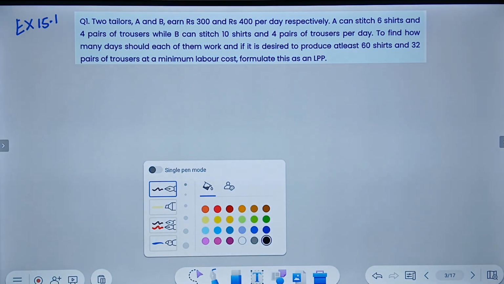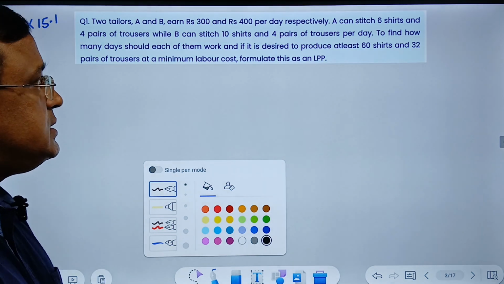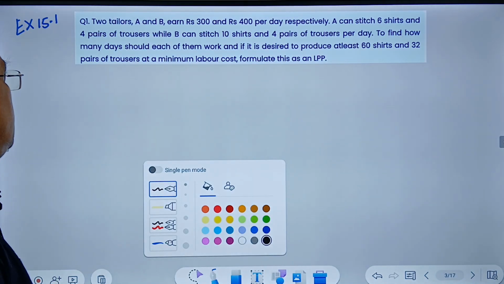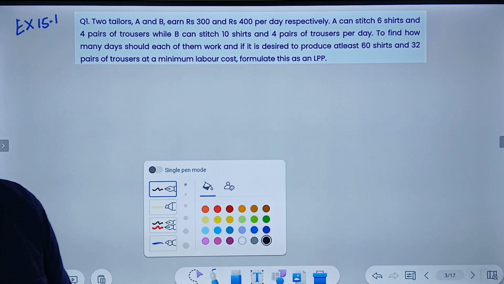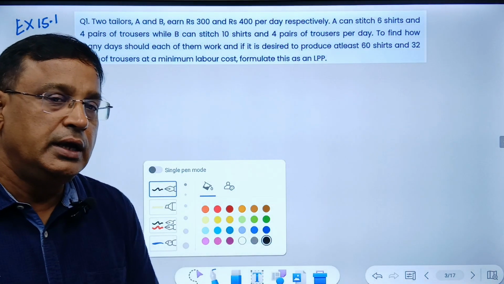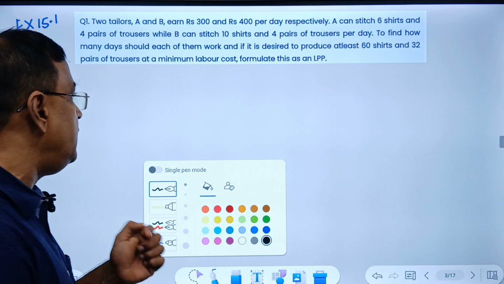To find how many days should each of them work, if it is desired to produce at least 60 shirts and 32 pairs of trousers at a minimum labor cost, formulate this as an LPP. He has not asked me to solve, he has only asked me to formulate an LPP.